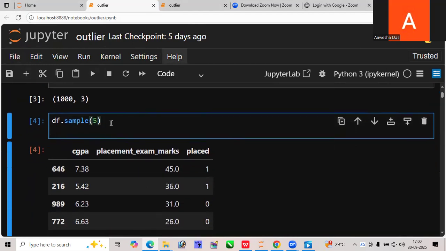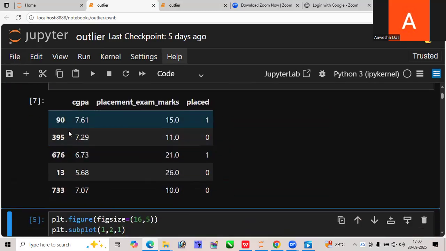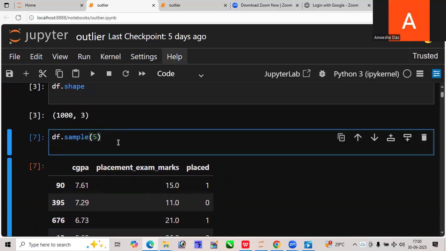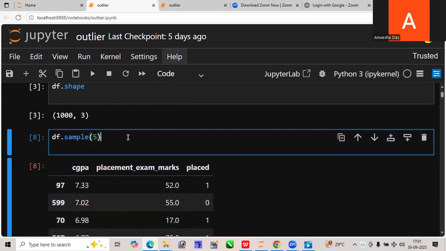If I write df.sample(5) and run this, see, now I got rows 90, 395, 676, 13 and 733. If I run it again, see, now it changed. So sample will give random data each and every time. However many times I run it, it will give different data.